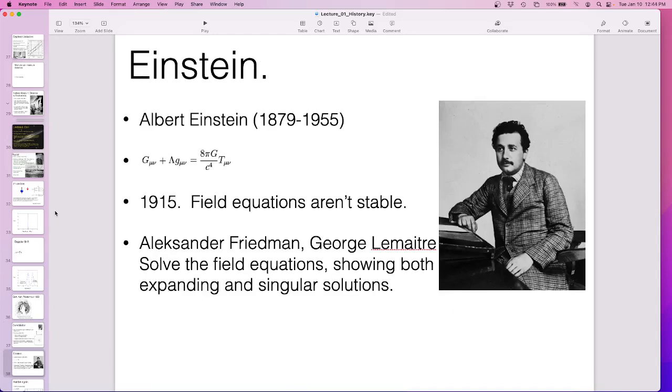General relativity? Yeah, this is the field equation. And what this says is that curvature equals energy. So if space curves, it has energy. Everything has to balance. So this G here is the curvature. This T is the energy. These are constants.